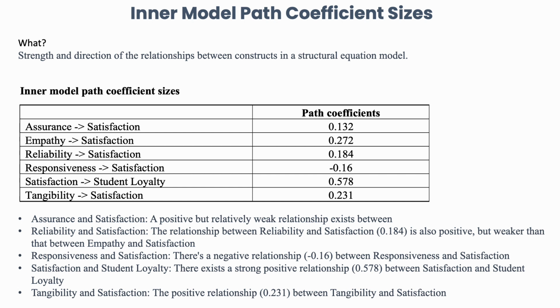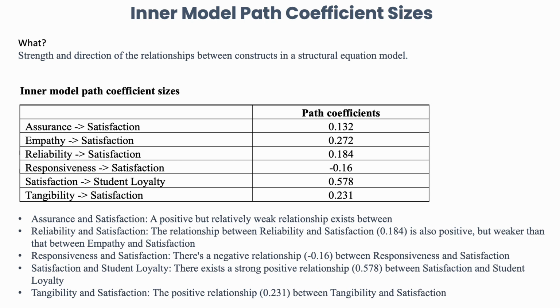The sign of the path coefficient, whether positive or negative, indicates the direction of the relationship between the two constructs. A positive coefficient suggests that an increase in the predictor construct is associated with an increase in the outcome construct, and a negative coefficient suggests that an increase in the predictor construct is associated with a decrease in the outcome construct.